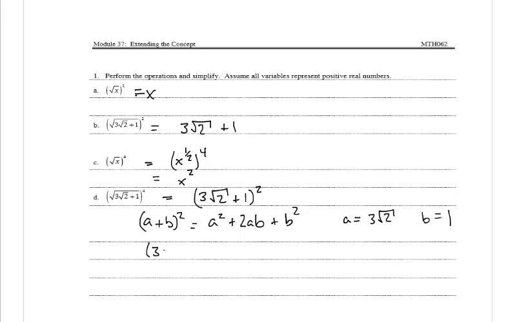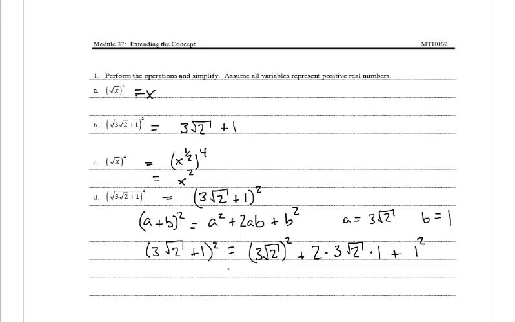So we have 3 times the square root of 2 plus 1 squared is equal to 3 times the square root of 2 squared plus 2 times 3 square root of 2 times 1 plus 1 squared.